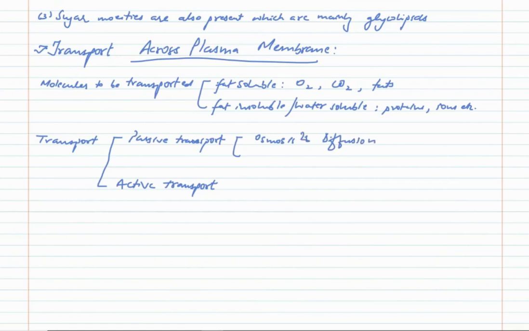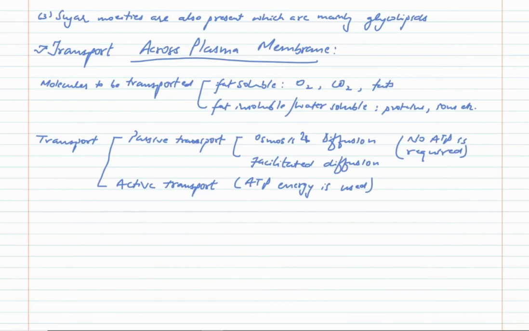And the second category includes facilitated diffusion. In passive transport, no ATP is required, whereas in active transport, ATP energy is used.